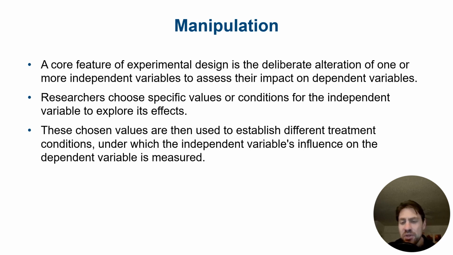So maybe you want to compare people's appetite in 60 degrees and 80 degrees. So that's 2 levels. Or maybe you throw in 70 degrees. Now you have 3 levels. So each level becomes one of your conditions, and eventually the goal will be to compare appetite across these conditions, across the levels of your independent variable.